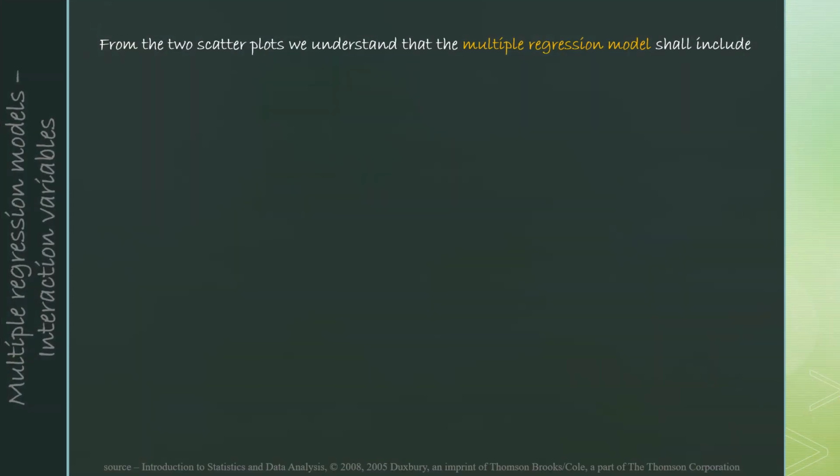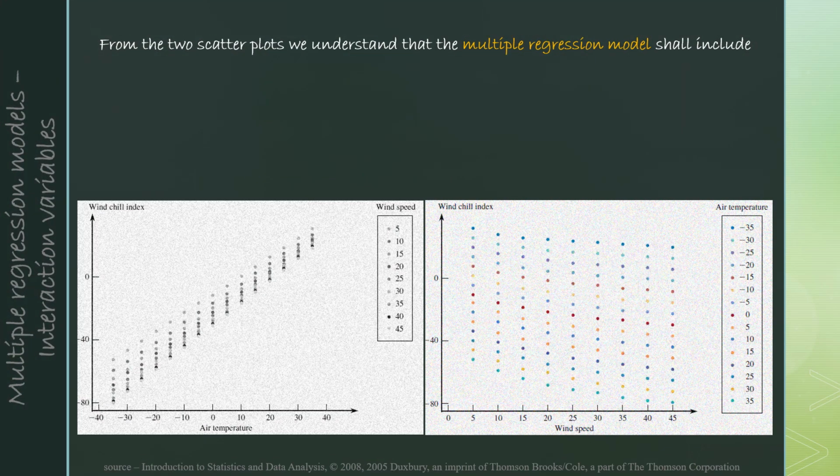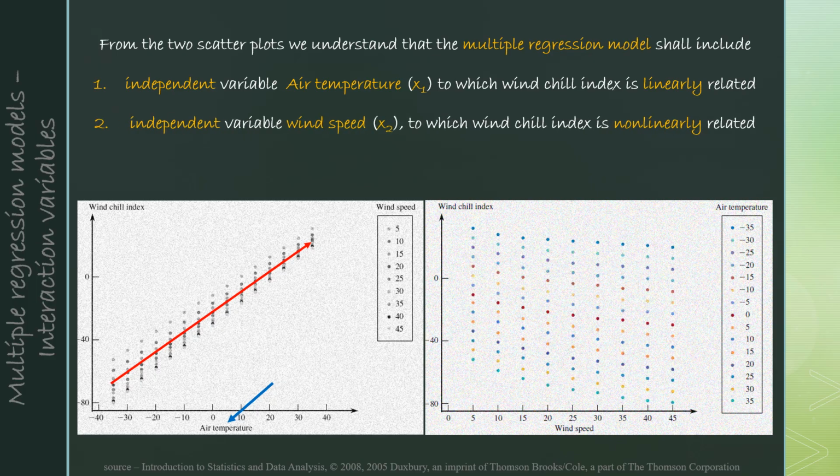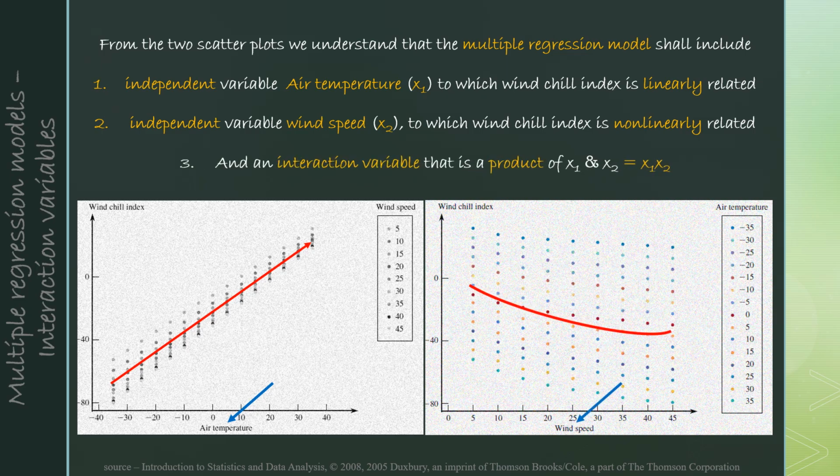From the two scatter plots, we understand that the multiple regression model shall include: 1. The independent variable air temperature x1 to which the wind chill index is linearly related, and 2. The independent variable wind speed x2 to which the wind chill index is nonlinearly related, and an interaction variable that is the product of x1 and x2.